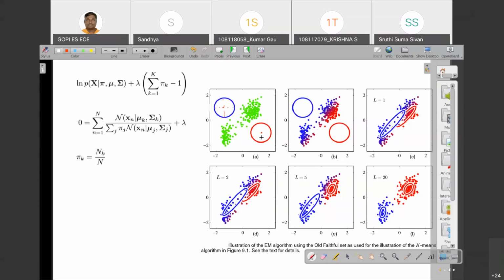The circular shape means the covariance matrix has diagonal elements that are the same, equal to each other, and it is not tilted. So it is diagonal, and uncorrelated also. This is the initial Gaussian model. This is Gaussian model 1 and this is Gaussian model 2. These two are getting mixed. This is the initialization.